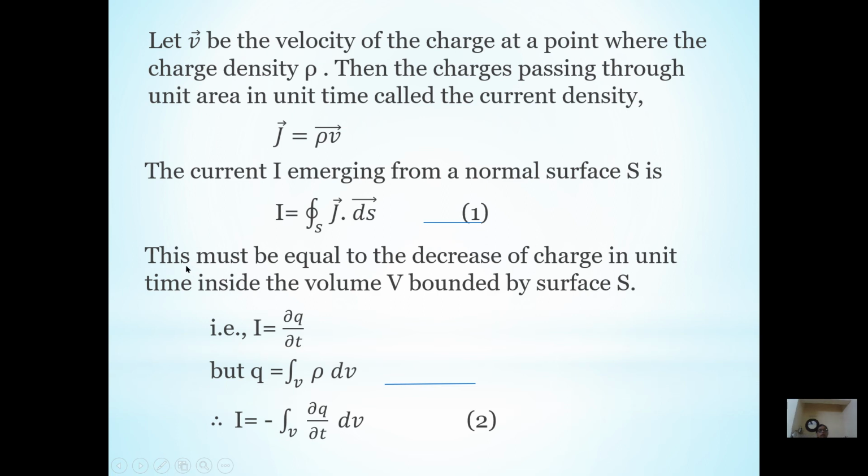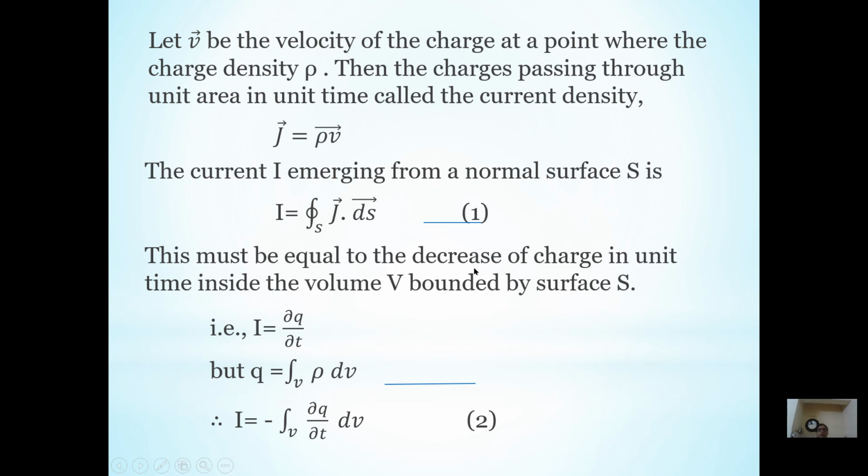And when current is emerging from a surface, there will be a decrease of charge in that particular surface. So this is expressed as: this must be equal to the decrease of charge per unit time inside the volume V, which is bounded by the surface S. So we are considering the same surface S, and we are going to write current in terms of charge.